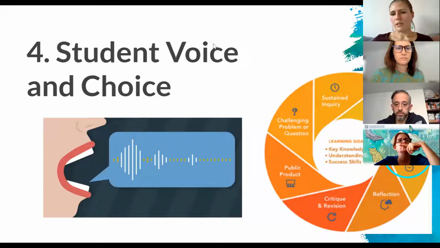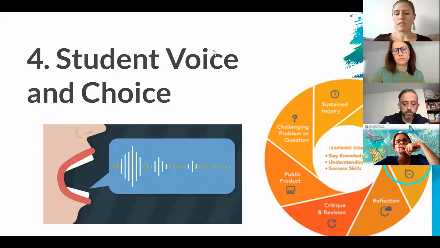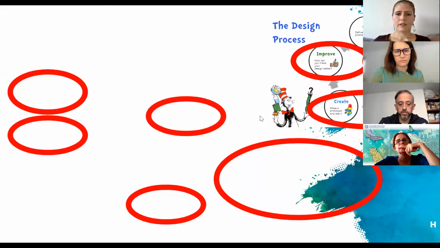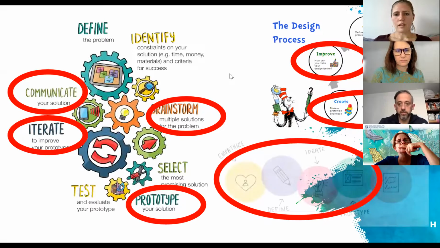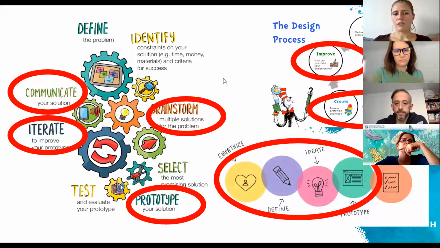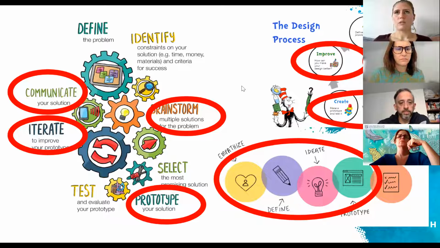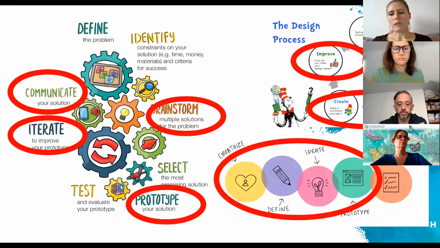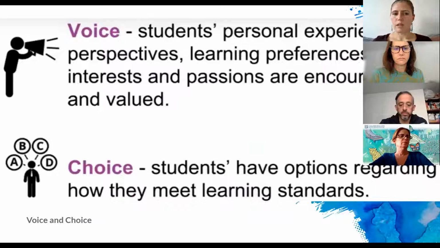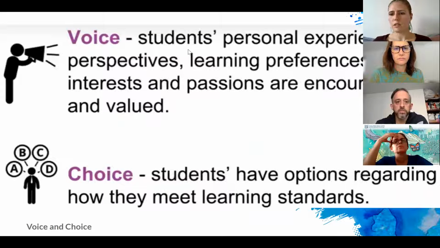Student voice and choice. This is essential element number 4. This happens in lots of different places, but it especially happens when students are thinking about how they want to show their learning or what they want to research. So to give you a bit of an idea, voice is really about letting some personal expression and experiences of the students come through.